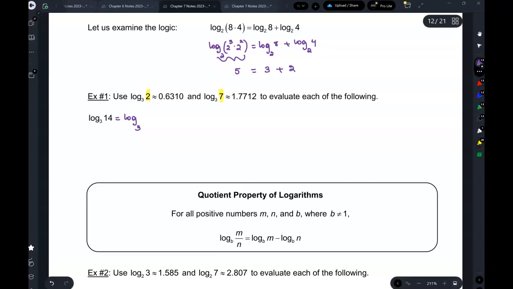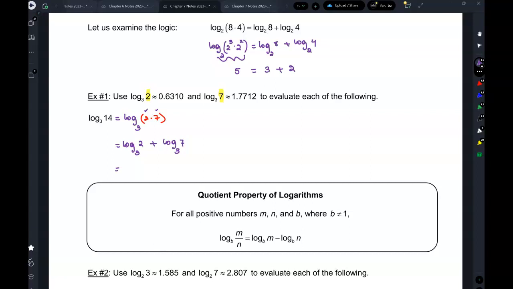Well, we know that 14 is just 2 times 7. So now if you have log of m times n, you have to separate them. So this becomes log base 3 of 2 plus log base 3 of 7. Basically, you give each element its own log, and we add them.